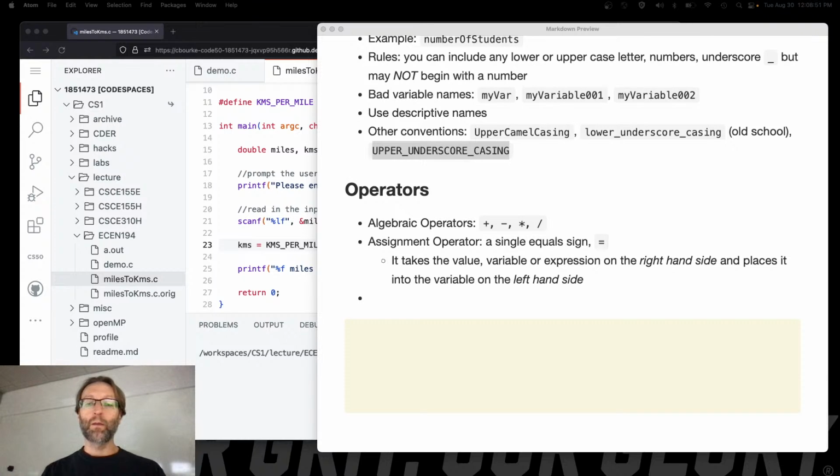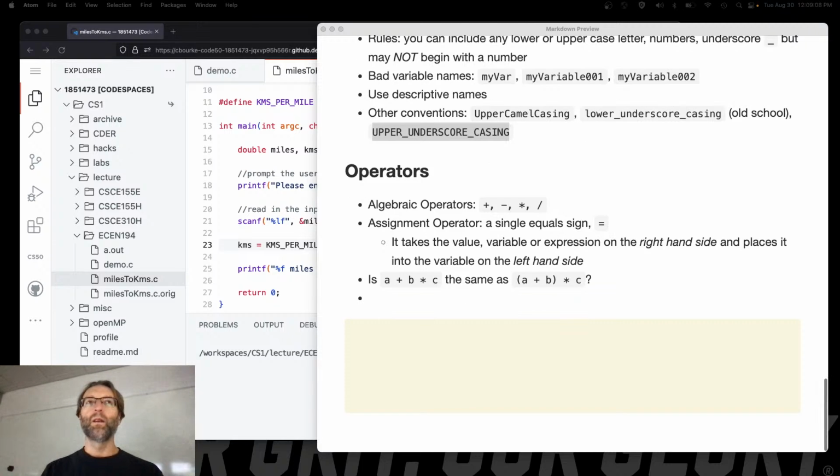Another thing. So here's a question. Is A plus B times C the same as A plus B times C? No. Why not? It has a different order of operations.